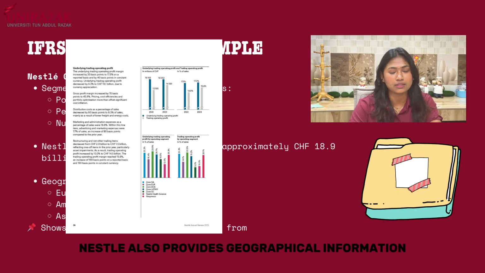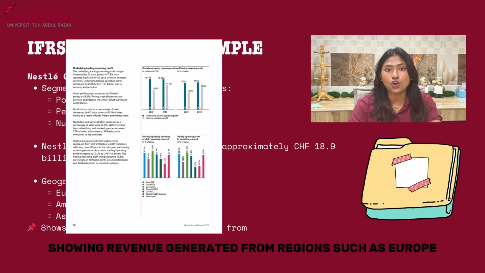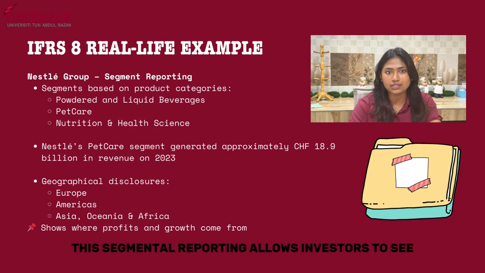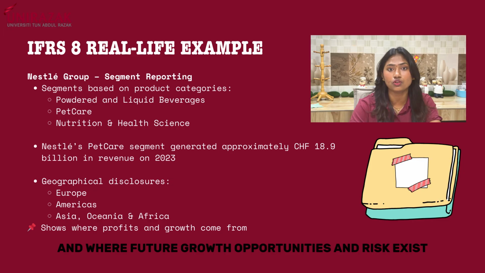Nestle also provides geographical information showing revenue generated from regions such as Europe, the Americas, and Asia, Oceania, and Africa. This segmental reporting allows investors to see which business lines and regions contribute most to Nestle's performance and where future growth opportunities and risks exist.